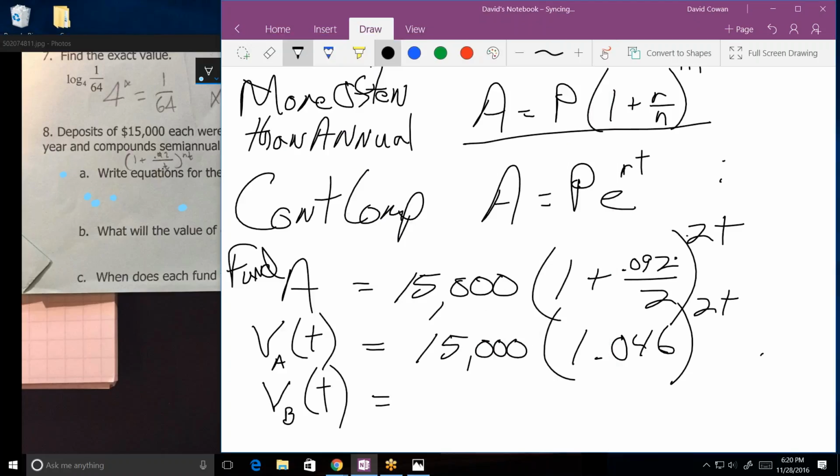So what's its equation? 15,000 times e to the power of 0.085 times t. And this r is not 1 plus r anymore. It's just r. Okay?